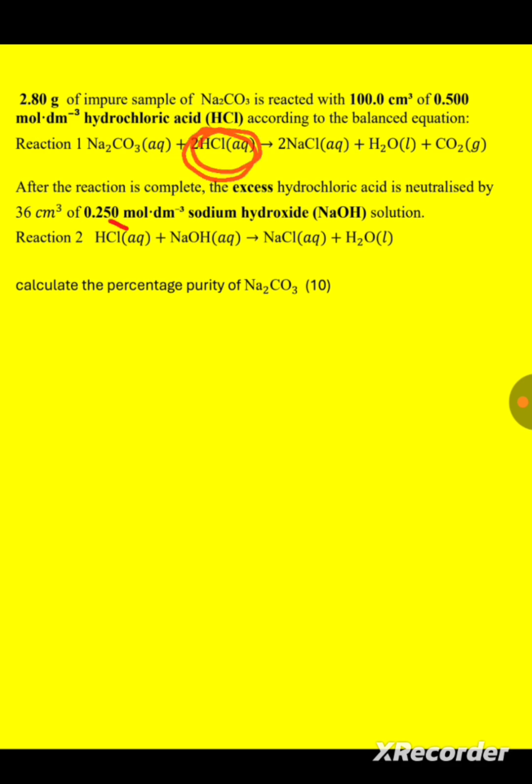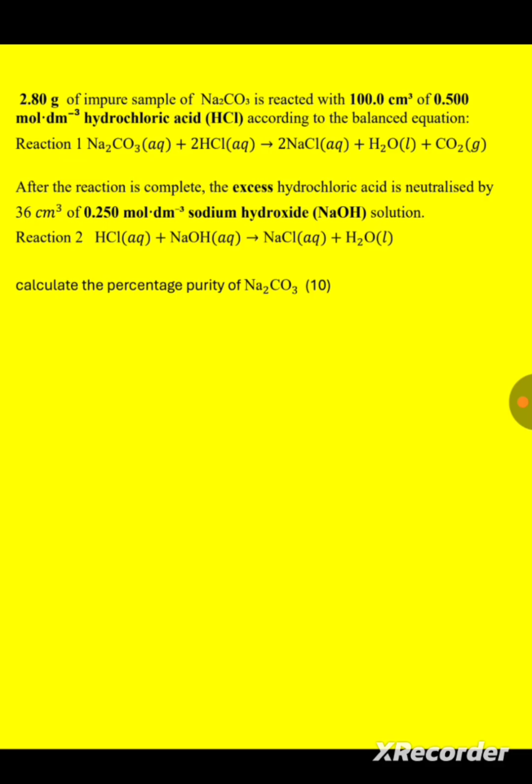Then you calculate the number of moles of HCl in this reaction. Make sure you do that. You would have solved 80% of the problem, okay?